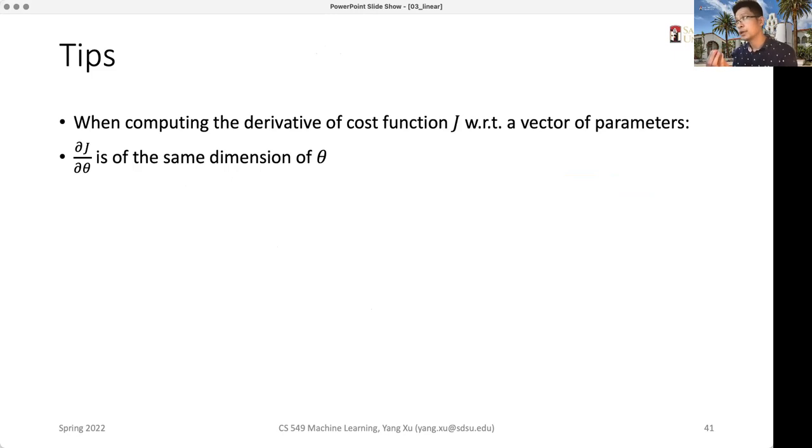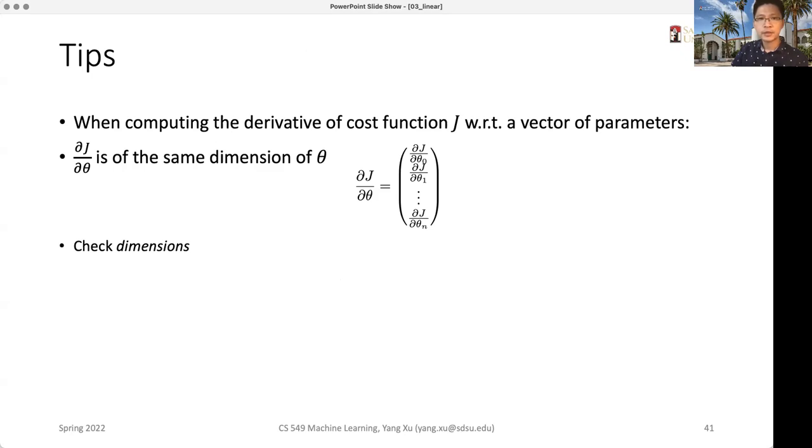When theta is two-dimensional, the derivative with respect to theta is also two-dimensional. We compute the derivative of the cost function with respect to the first component of theta, the second component, until the last component. So this always has the same dimension as theta itself, and we can use that to examine whether our calculation is correct.